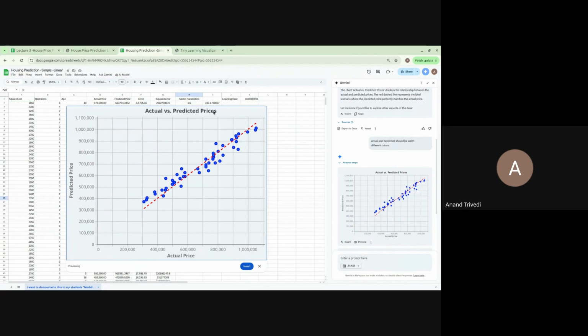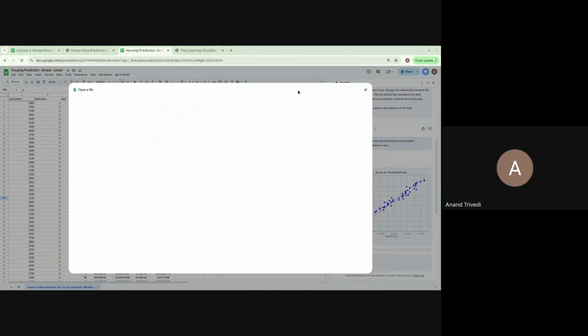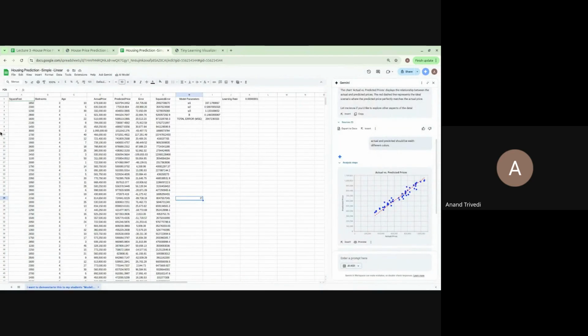There is one more example that I wanted to cover. Just let me open it. Let me see where it is.